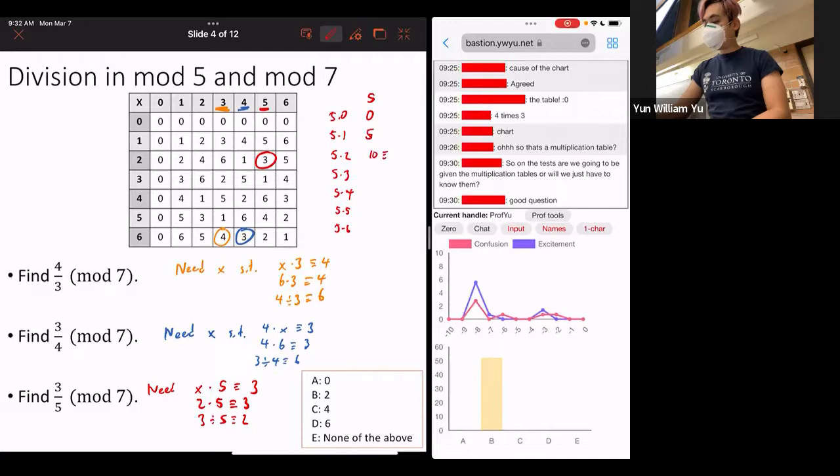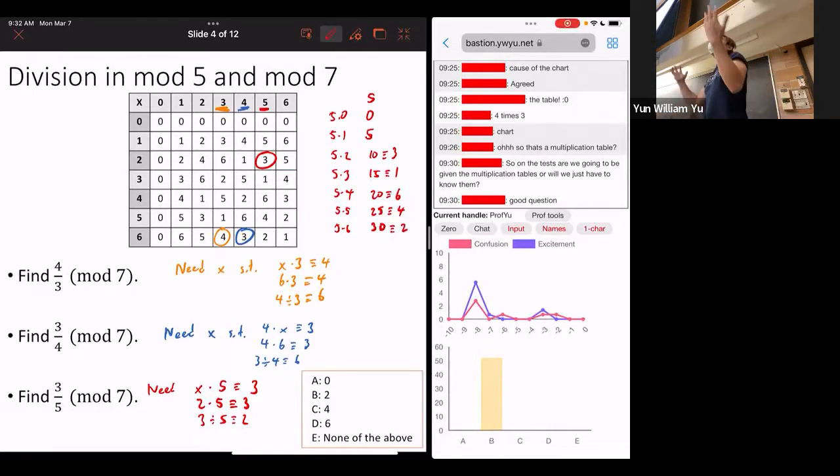This is 10, but that's equivalent to 3. And then this is 15, so that's equivalent to 1. This is 20, and that's equivalent to 6. This is 25, and that's equivalent to 4. And this is 30, so that's equivalent to 2. Okay? Remember, because you know how to do multiplication, you can construct this table pretty easily.